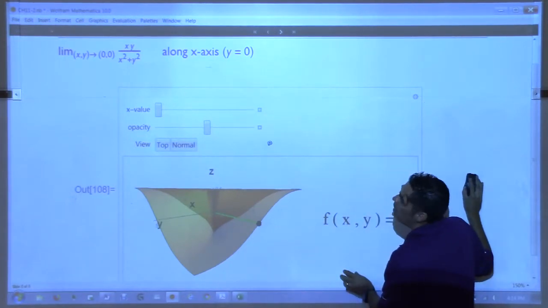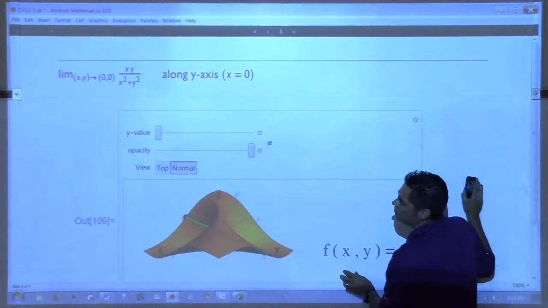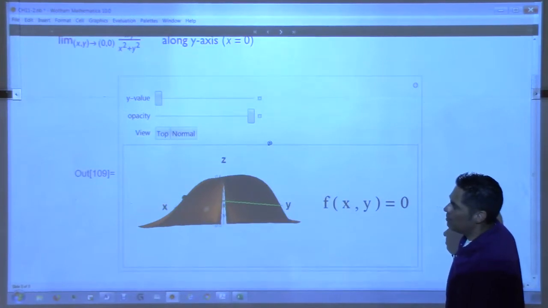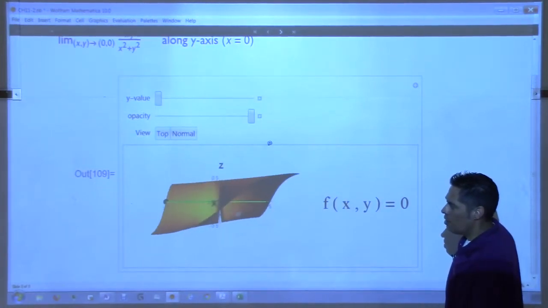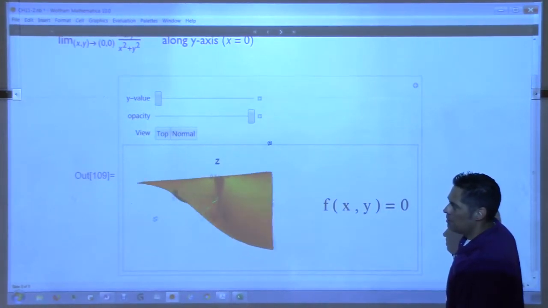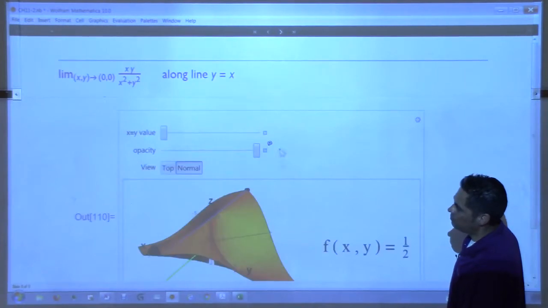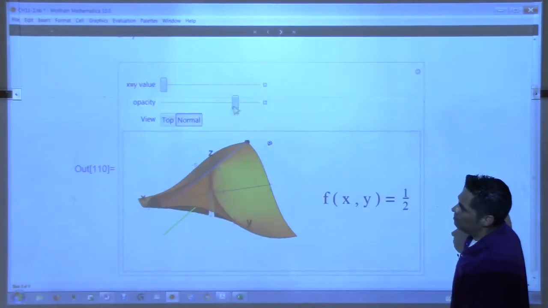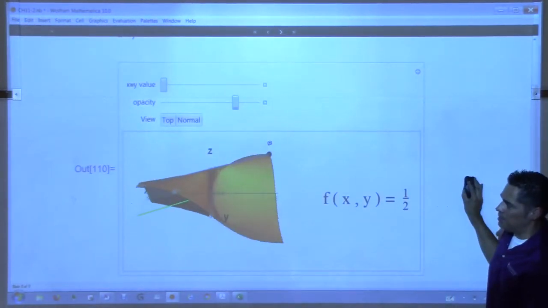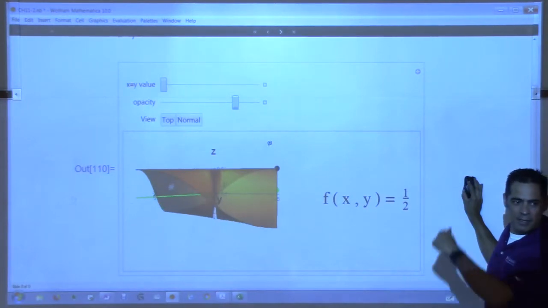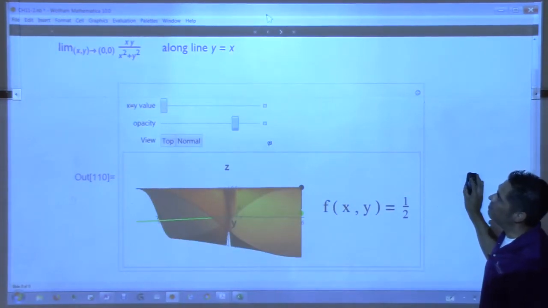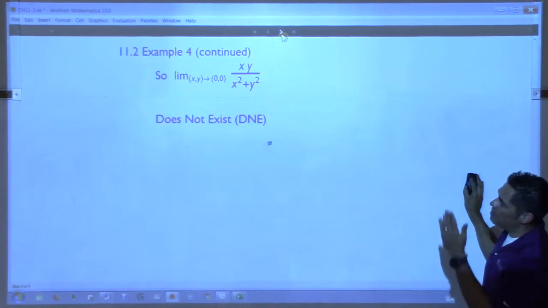And then if we come in the y-axis, we're still riding along that other ridge on both sides. But do you see that diagonal up here? Yeah, that's the part when we came in that way. There's your diagonal. You can see that took us up to 1/2. So that worked out real nice. So the limit doesn't exist.